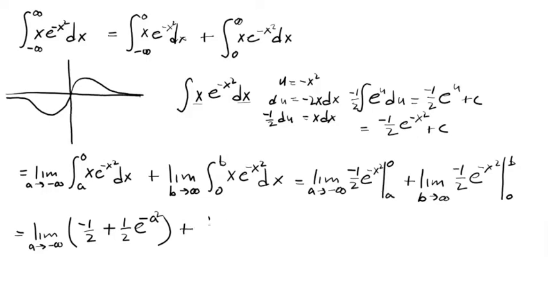I'm adding that to the limit as b goes to positive infinity of, top one is b, so that's minus 1 over 2 e to the minus b squared, minus, and again minus a negative, so plus, when I put 0 in here again I get e to the 0, which is 1, so that's just 1/2.